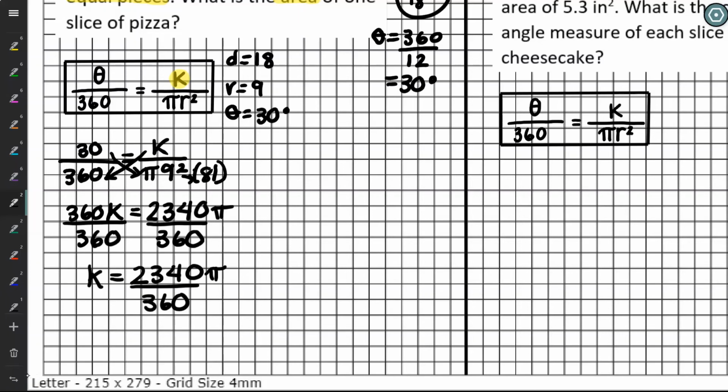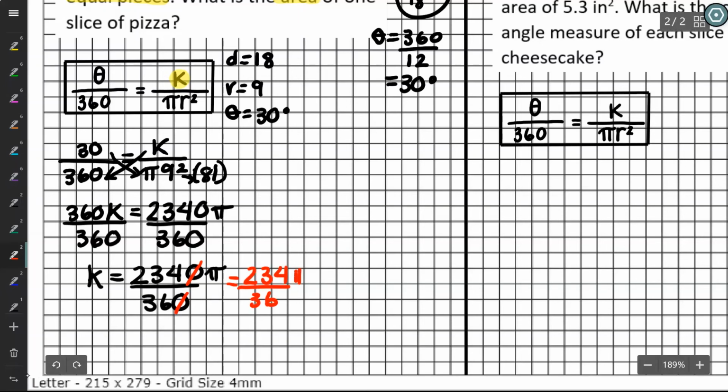It gives me a decimal, so we can't do that yet. What I'm going to start by doing in the simplification process is just dropping those zeros, because that means I can divide by 10. So I have 234 divided by 36.